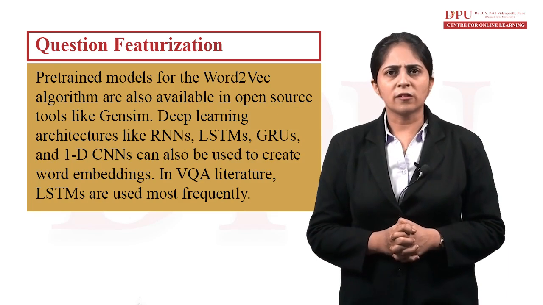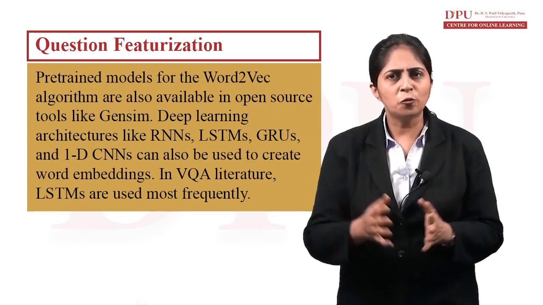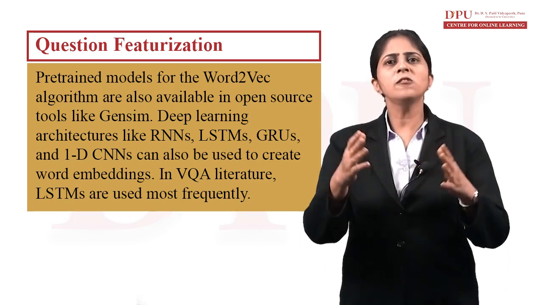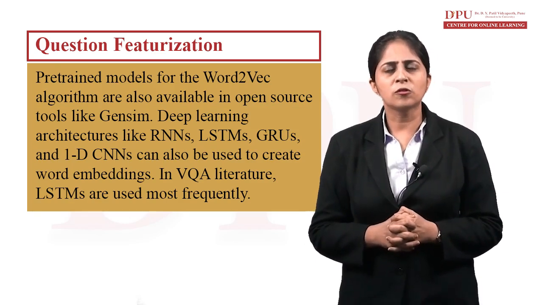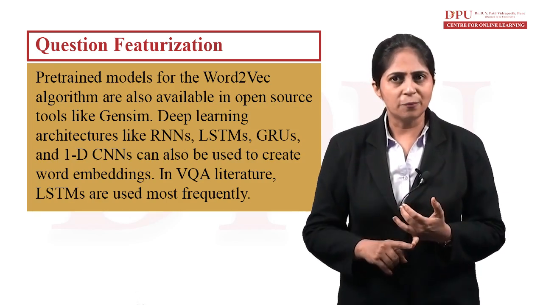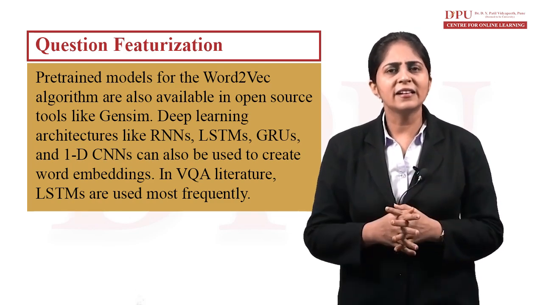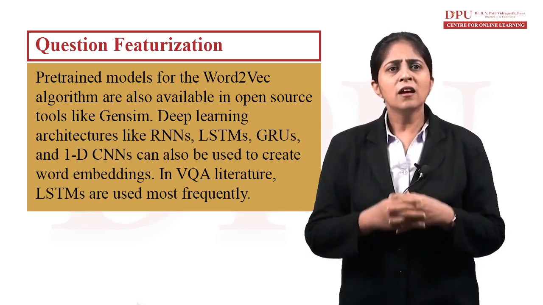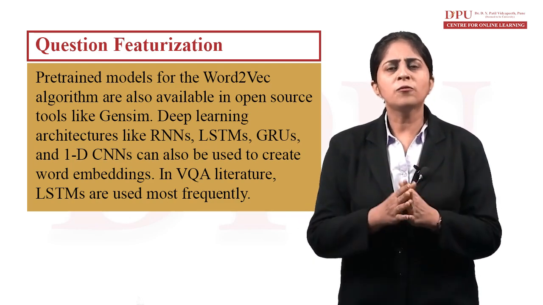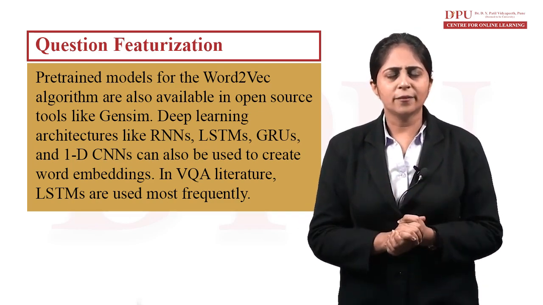Pre-trained models for the word-to-vec algorithm are also available in open source code, like Gensim. We have deep learning architectures like RNN and 1D CNN that can also be used for word embedding.